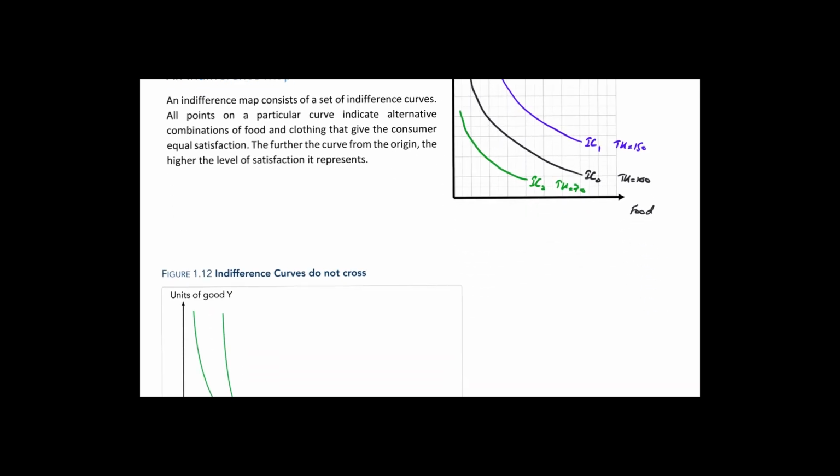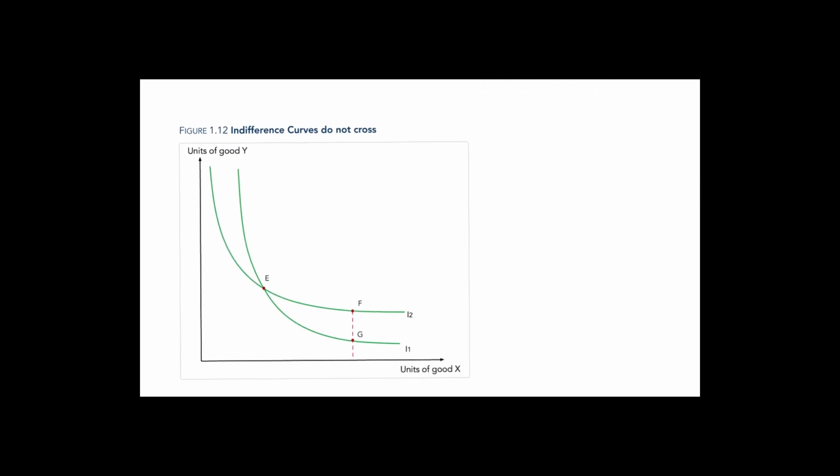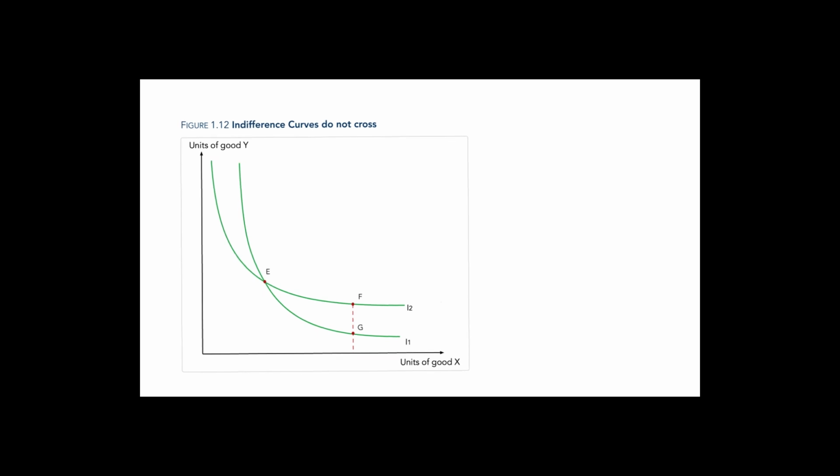The next point we need to know is, can two indifference curves intersect each other? We say they can never intersect. The reason is that each indifference curve represents a different total utility. So if they have different total utilities, how can this combination right here give you the same satisfaction? It's just not possible.